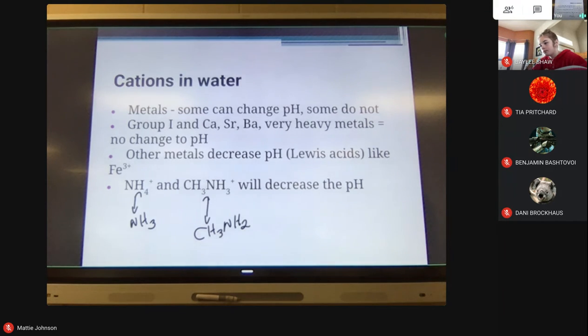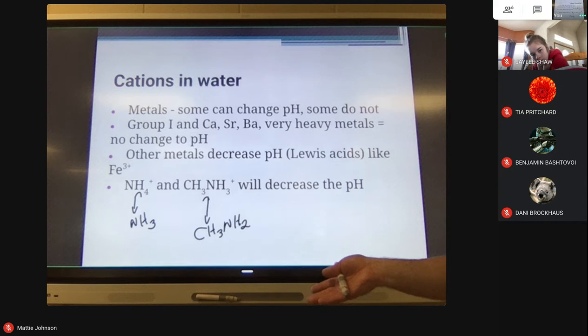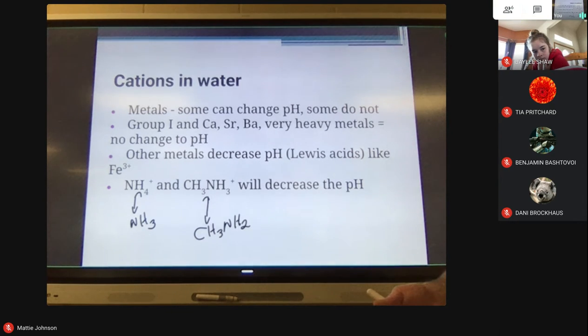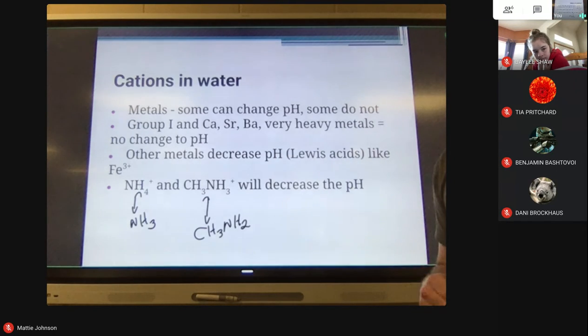Those things will decrease pH. So be on the lookout. What kind of cations mess with pH? Here's the deal. A lot of problems that you guys are going to see, the cations you can just kind of cross out. Because unless it's iron 3+ or one of these derivatives, then you don't have to mess with it. Okay? What questions do you have? Any?